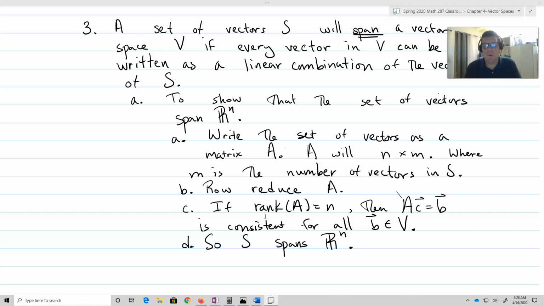Basically, if we can find a consistent system for AC equals B for every B, then we know that we can generate the entire space, that we can actually cover that space using our vectors.